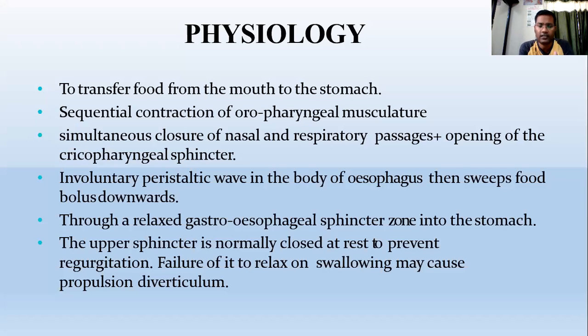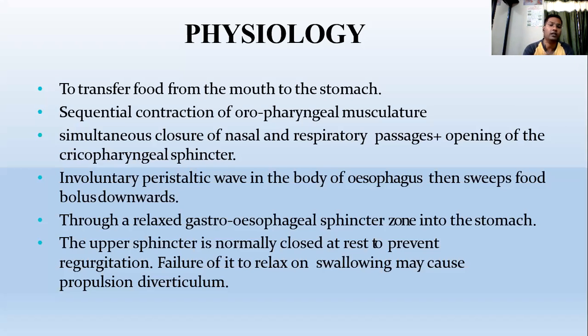Up to the pharynx, the going of food into the esophagus from the pharynx is a completely voluntary process. But after that, when the food is inside the esophagus, it is a completely involuntary process. Understand? So it's a combination of voluntary and involuntary functions.